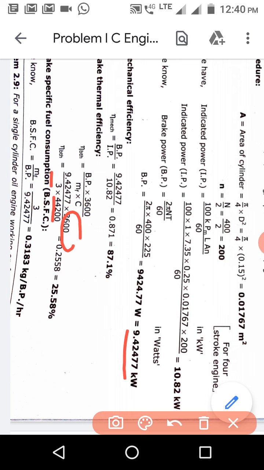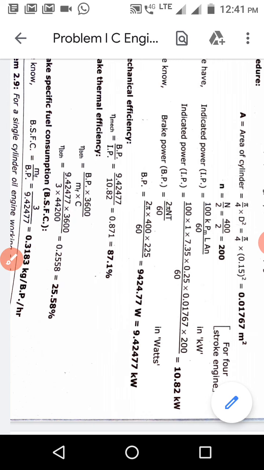As we are dividing the 3 by 3600, the 3600 will come into the numerator. So we have taken this 3600 into the numerator.